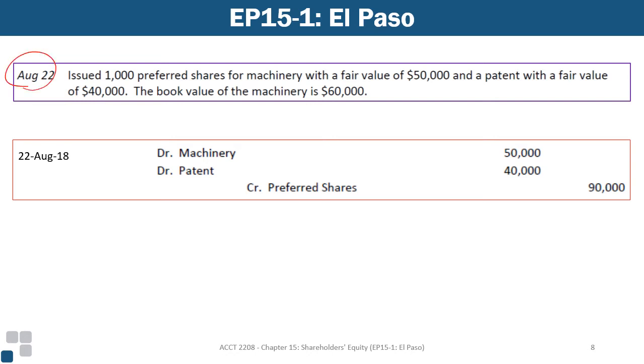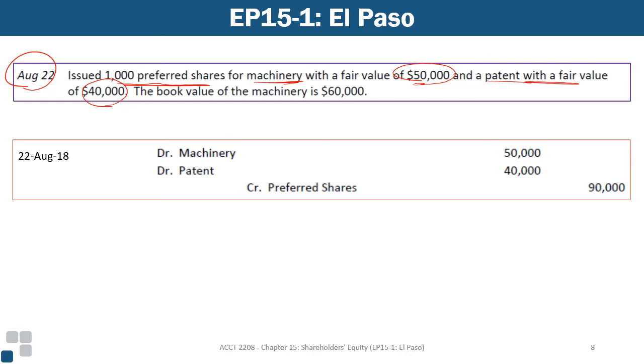Okay, then on August 22nd, the company issued 1,000 preferred shares in exchange for machinery and a patent. And each of those has a fair value. So the machinery is valued at $50,000, and the patent is worth $40,000.